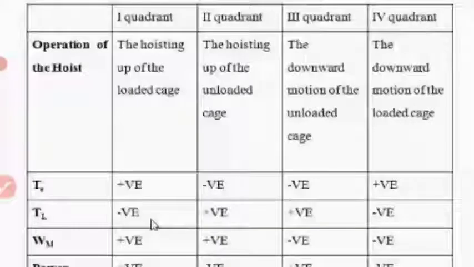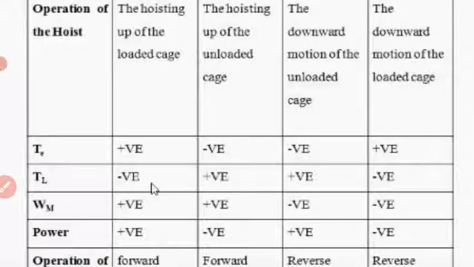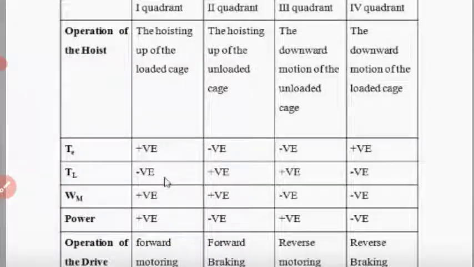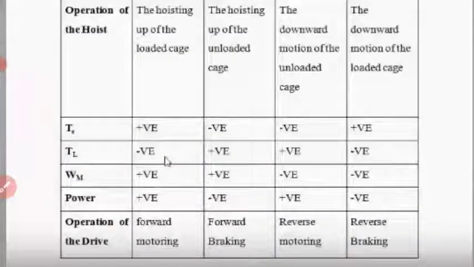See the first quadrant, the hoisting up of the loaded cage. The load torque and all details are shown here. With the help of this we can know when it runs under forward motoring, forward braking, reverse motoring and reverse braking.